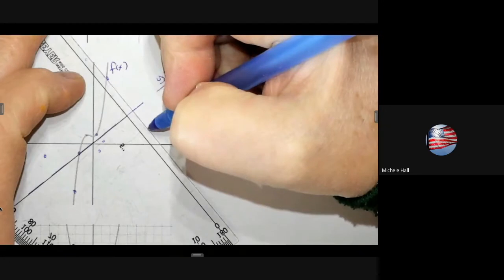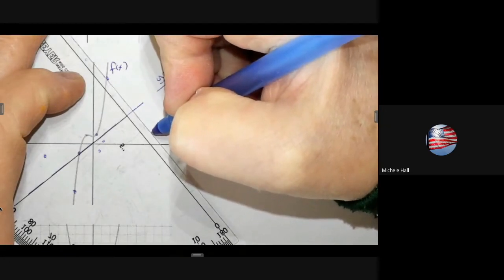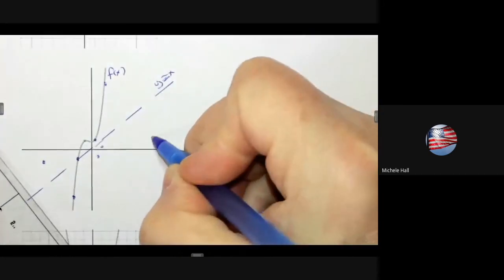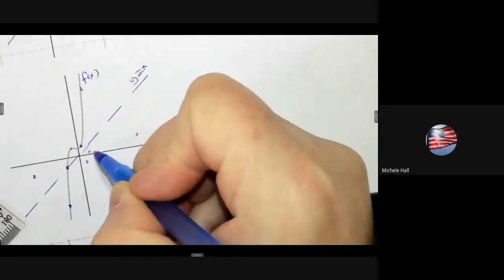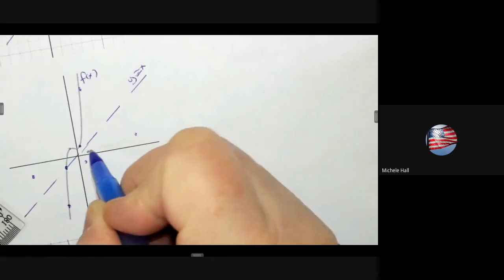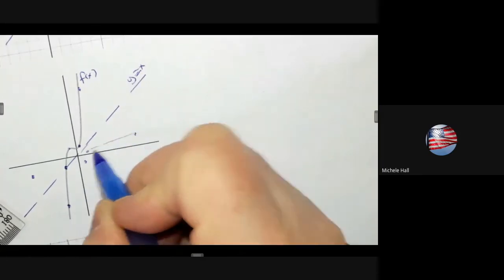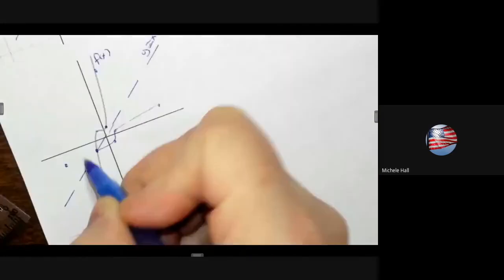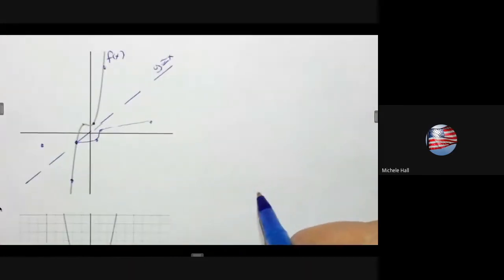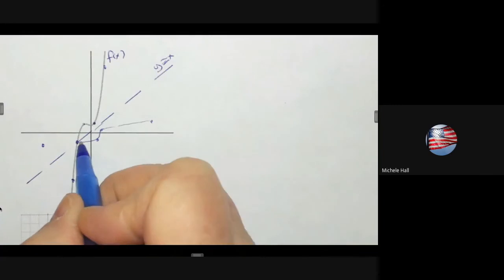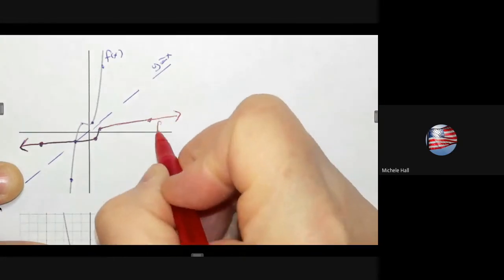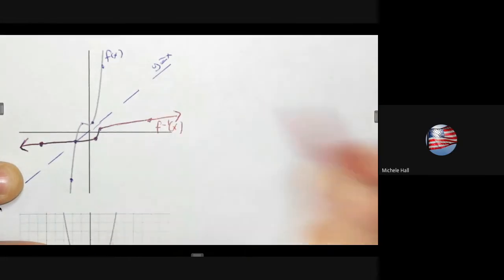All right, and how far from the axis? About there. All right, so we know that it's coming in, goes out, it crosses, and goes out. And this would be f inverse of x.